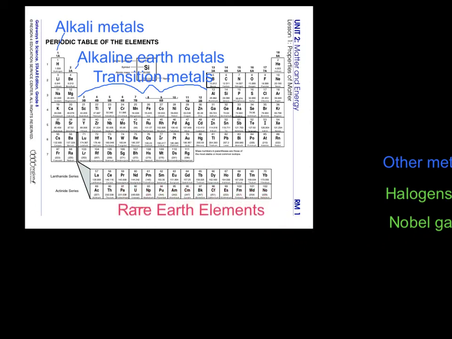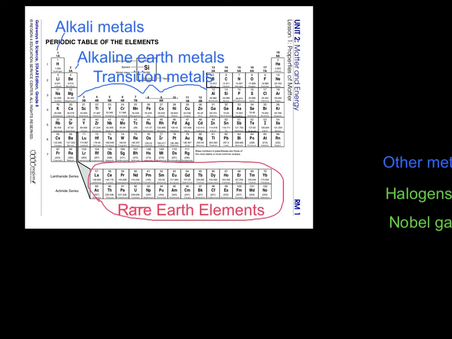So these down at the bottom are the rare earth elements. These are elements that, for the most part, are synthetic. They're not found in nature, but are man-made. Though that's not true of all of them. Some of them are found in nature, such as uranium. Down here at the bottom, uranium is a natural element, where plutonium is made in nuclear reactions.